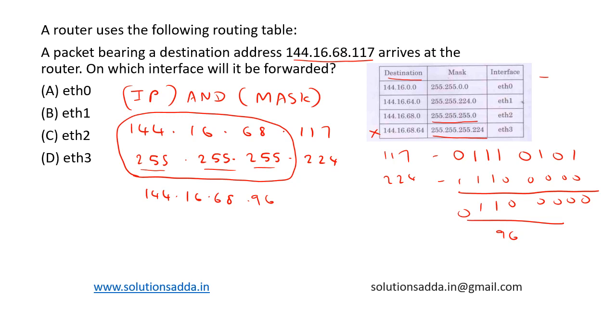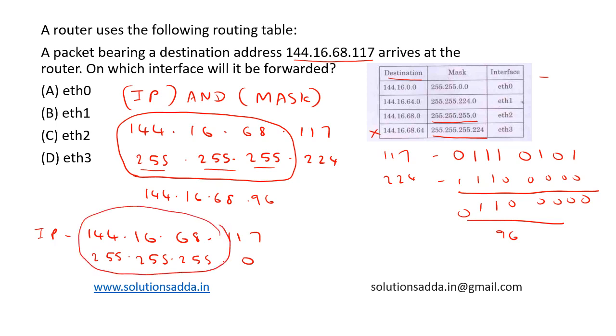Let's write the IP once again. IP is 144.16.68.117 and the mask here is 255.255.255.0. Since all the first three octets are the same, there is no need to perform the AND operation on them.